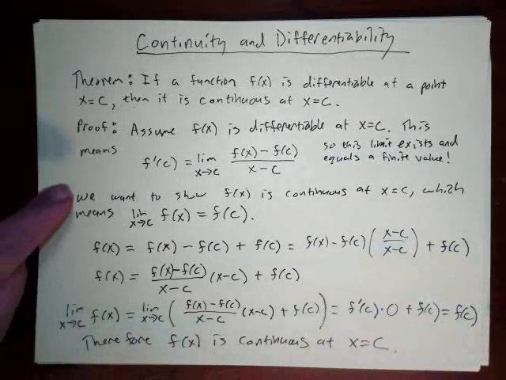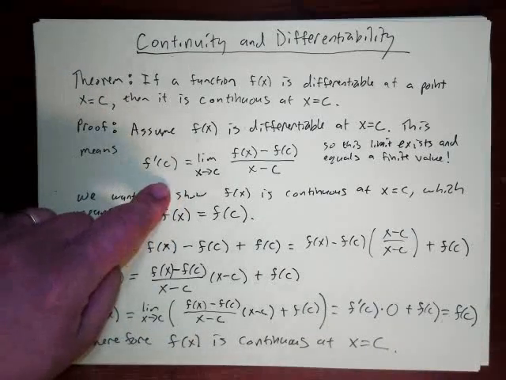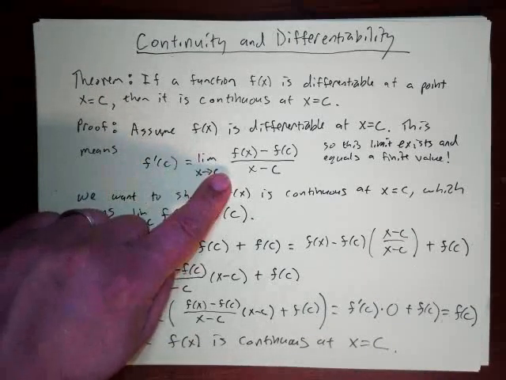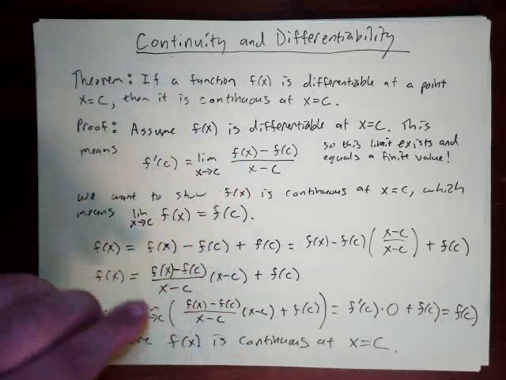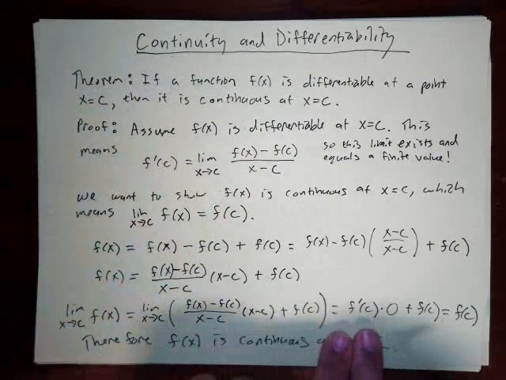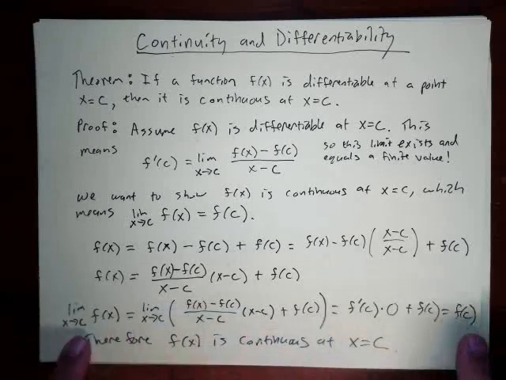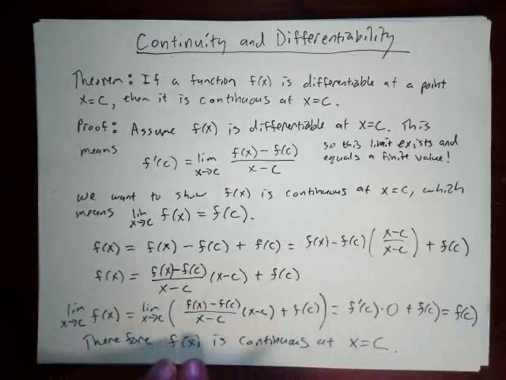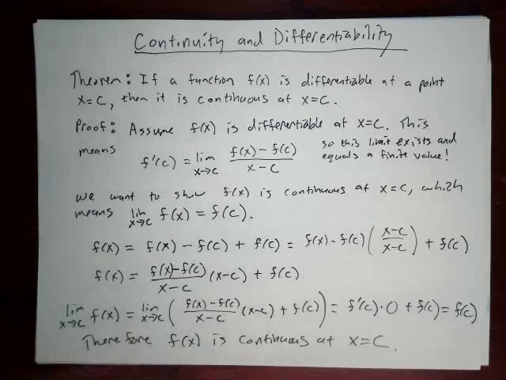Okay, so I assumed that it was differentiable, meaning that the limit of the derivative exists, and because that limit exists and is a finite value, I get this whole limit to equal f of c, and that just means that it's continuous at c. Okay, so that's the way this proof works.